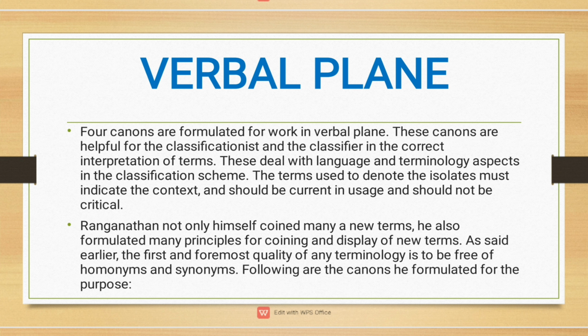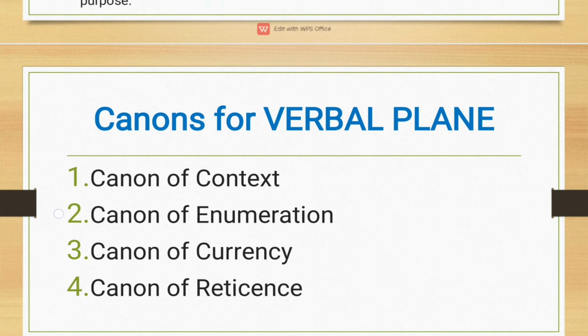Ranganathan not only coined many new terms himself, he also formulated many principles for coining and display of new terms. As I said earlier, the first and foremost quality of any terminology is to be free of homonyms and synonyms. Following are the canons he formulated for the purpose.